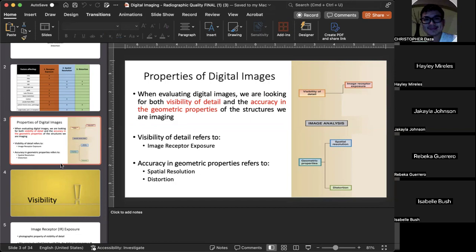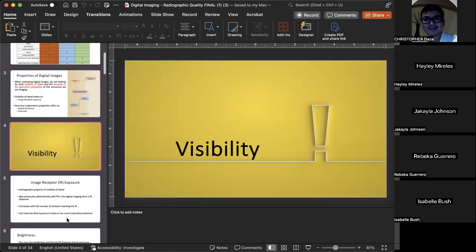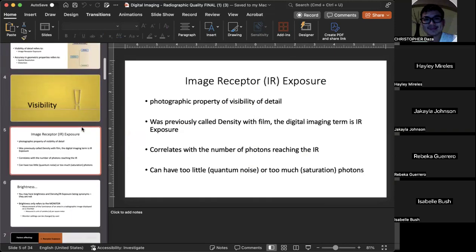If we don't, or we have too much, our image starts to fade, right? We don't see it anymore. With accuracy, what we're looking for is how well we can represent the part we're imaging on that imaging plate. Spatial resolution and distortion are the two things that affect that. With visibility, image receptor exposure is the factor.